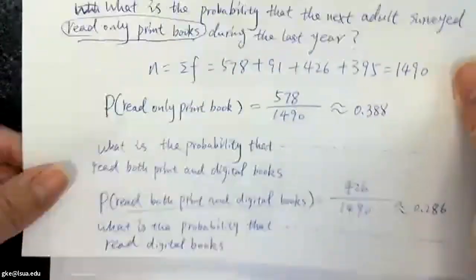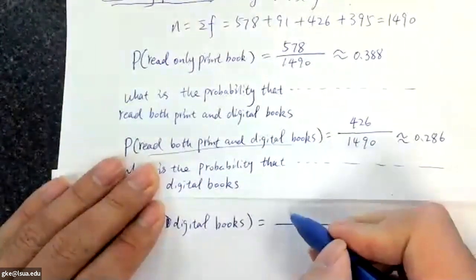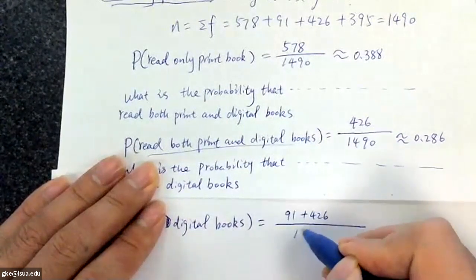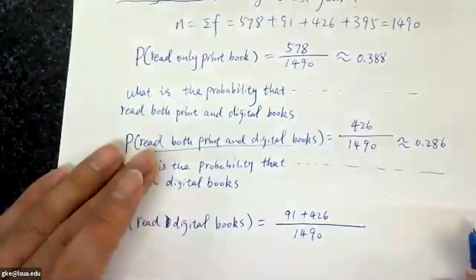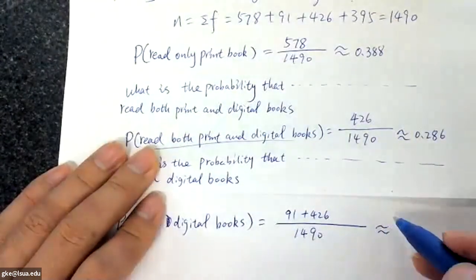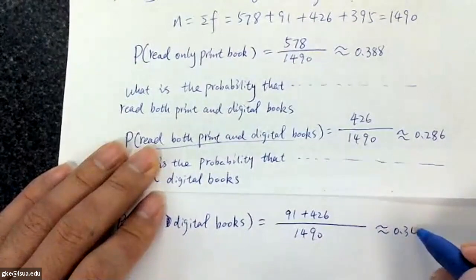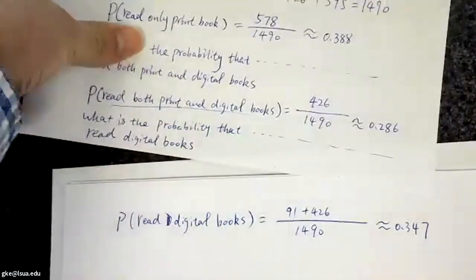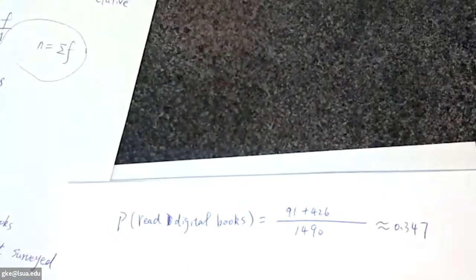Be careful. 426 divided by the total frequency gives you about 0.347. Okay, that's it. Now let's move on to another example.